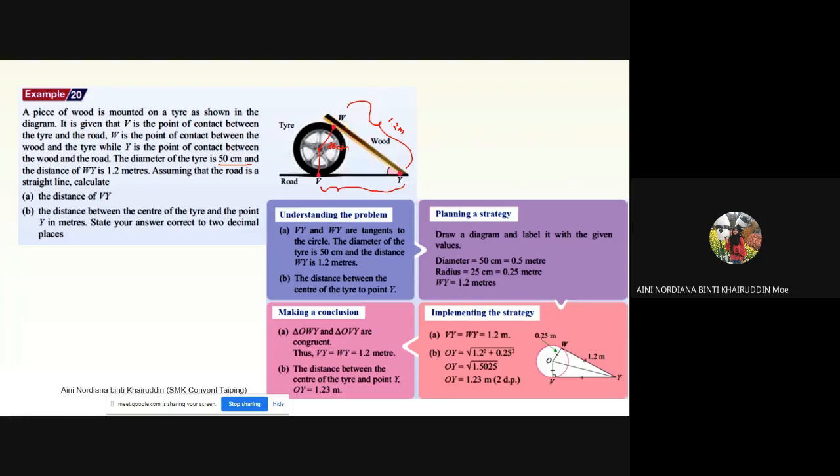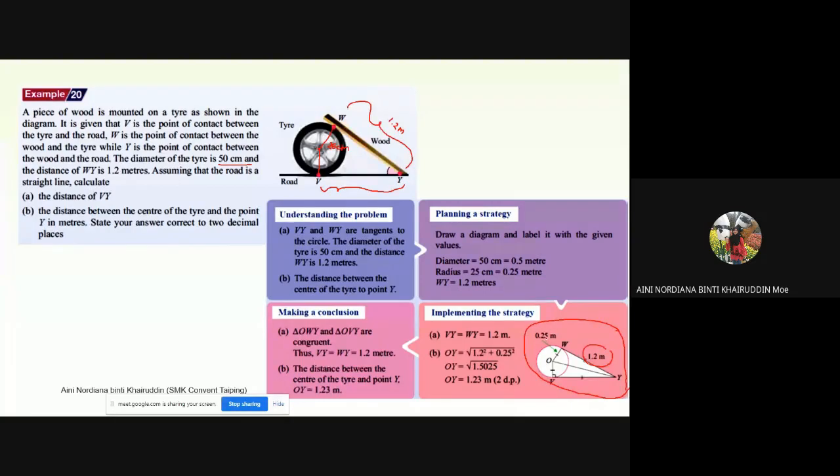Okay, so dia akan jadi macam ni lah. Lukisan macam ni. Okay, yang ni tadi 1.2 meter. This one 25 cm equals to 0.25 meter. I convert cm to meter.